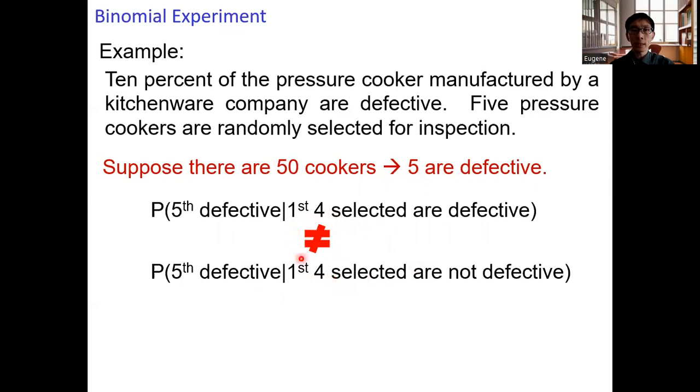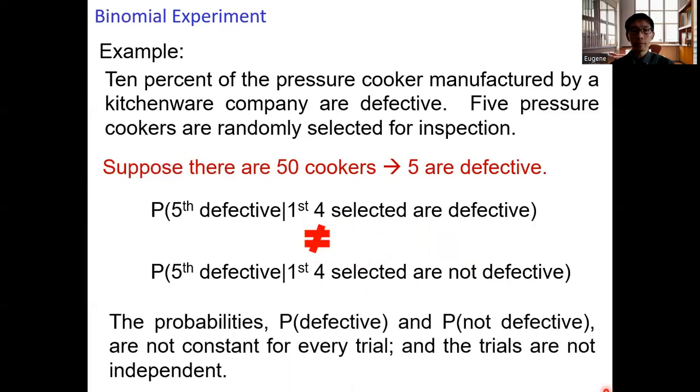The two probabilities are quite different. So the probabilities are not constant for every trial, and the trials are not independent. And therefore, the experiment is not a binomial experiment.